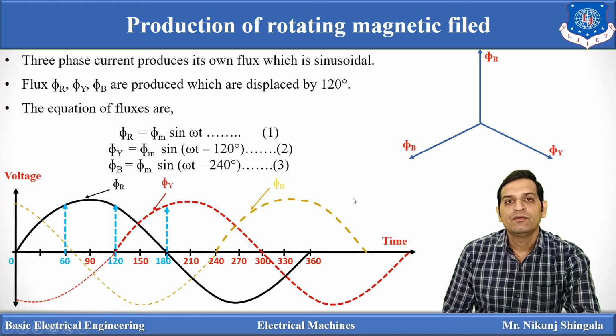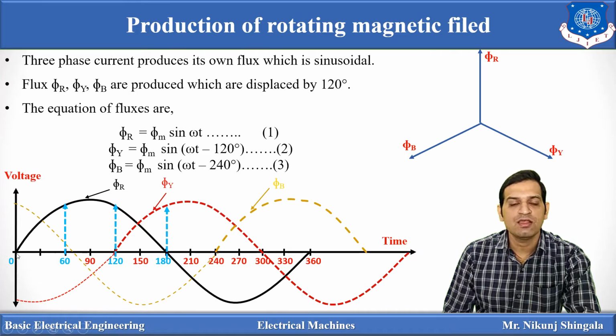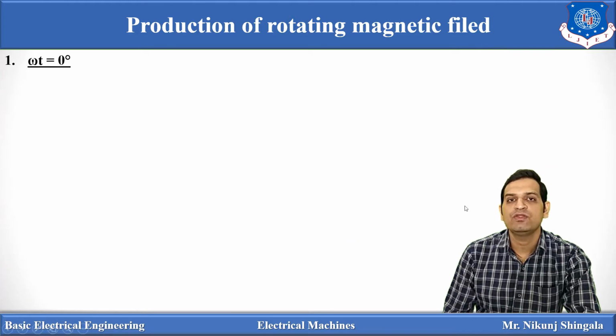Now, I am going to discuss that the resultant of this alternating flux at any instant will be equal in magnitude and it will be shifting. So here I am taking four instances, that is 0, 60, 120 and 180 degree. At each and every value of this omega t, we will be getting the same resultant flux which will be rotating, that I am going to prove. So starting with the first one, that is omega t equal to 0 degree instant.